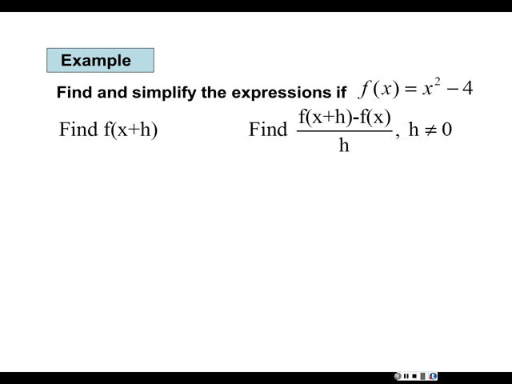And then you get x squared minus 2xh plus h squared minus 4 minus x squared plus 4 over h. Now you cancel some terms, x squared and minus x squared, 4 and 4, right? And that's it.